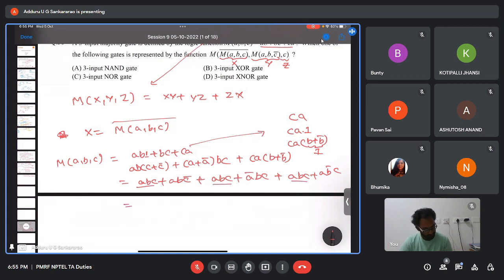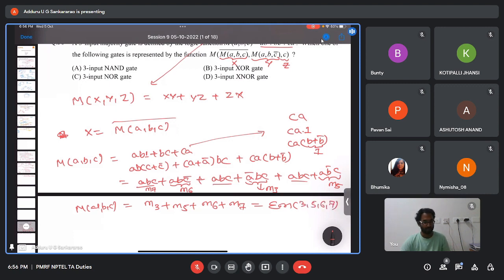That is minterm 7. ABC bar is minterm 6, A bar BC is minterm 3, and A B bar C is minterm 5. So M of A, B, C is minterm 3 plus minterm 5 plus minterm 6 plus minterm 7. This is nothing but sigma M of 3, 5, 6, 7.